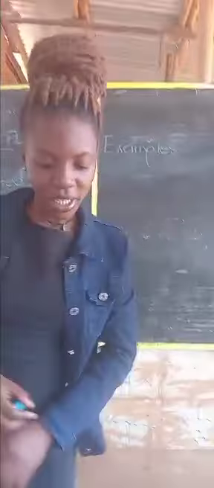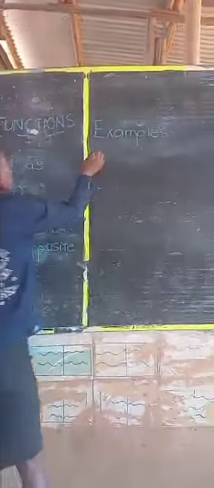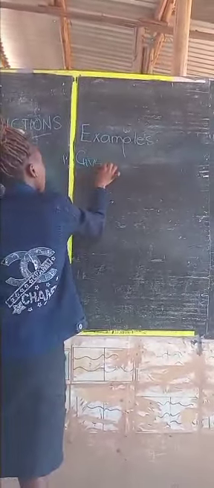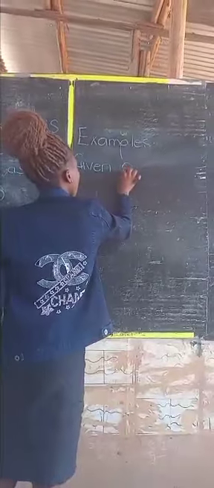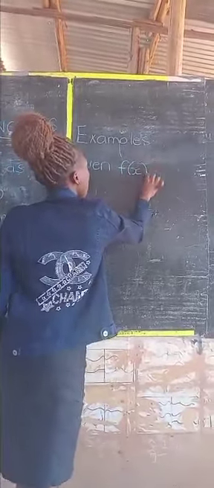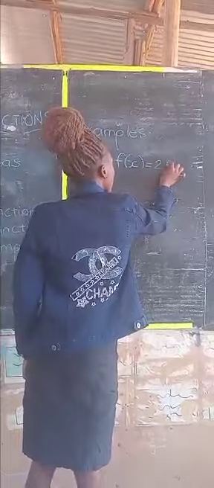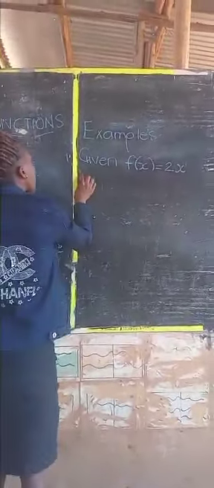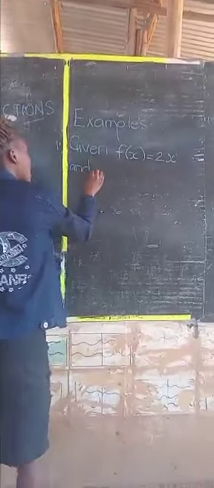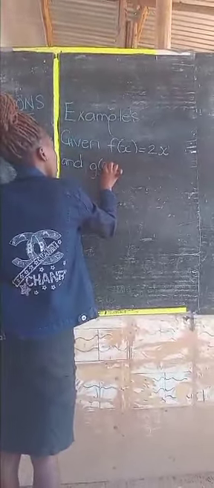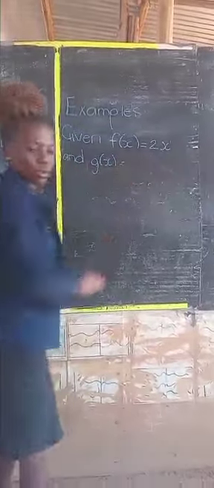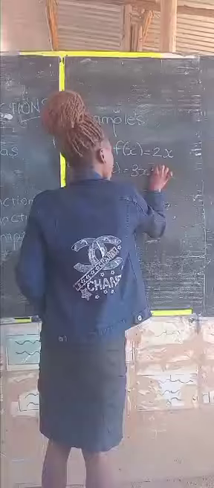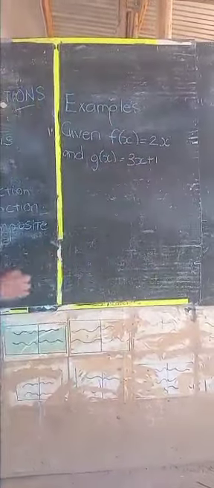Suppose we are given our example 1: given f(x) equals 2x and g(x) equals 3x plus 1. And we have our questions here.